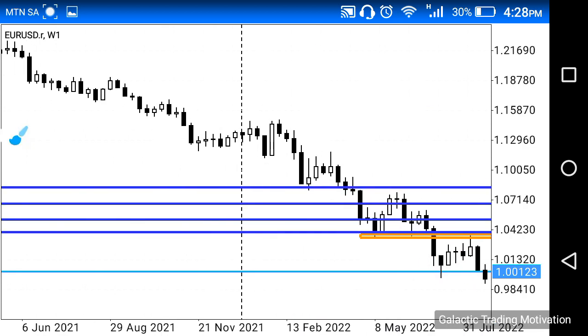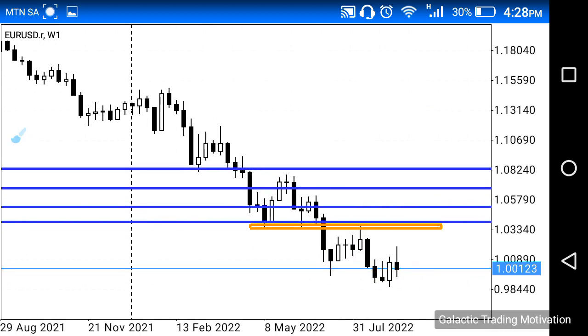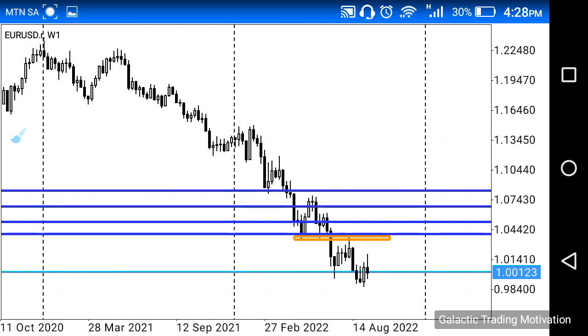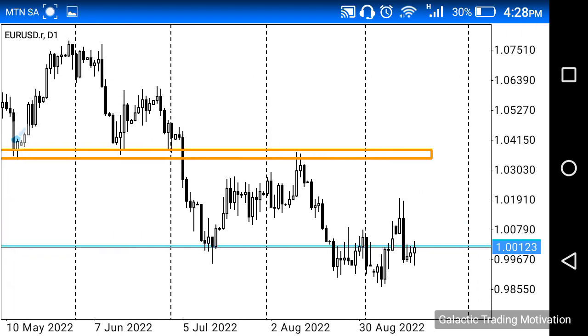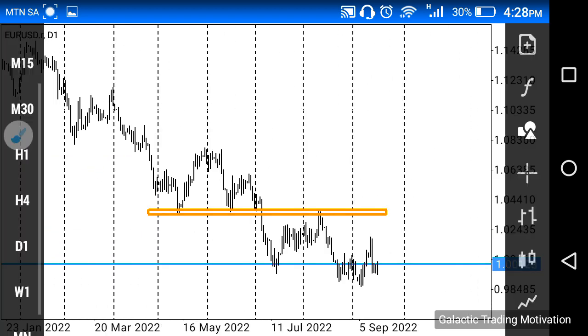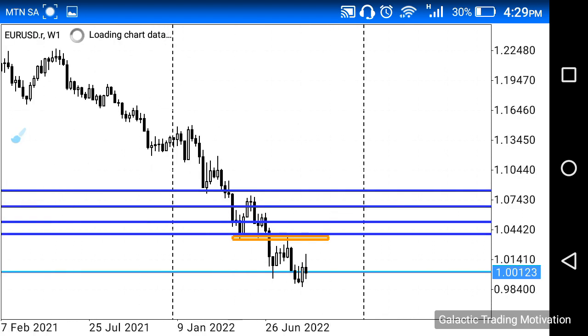Let's have a look. So what else do we see on this particular chart that we should be paying attention to? I don't see much at this point in time, so what I will do is head down to the daily chart. In fact, before we head down to the daily chart, let me go back to the weekly chart.